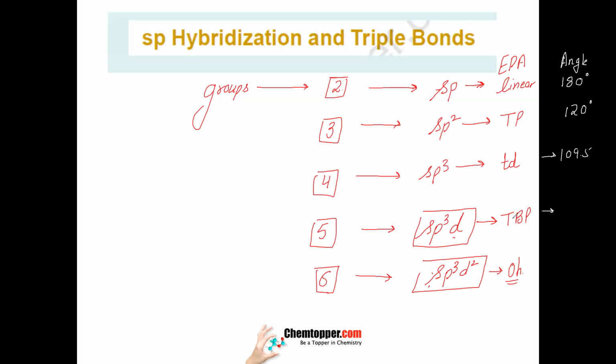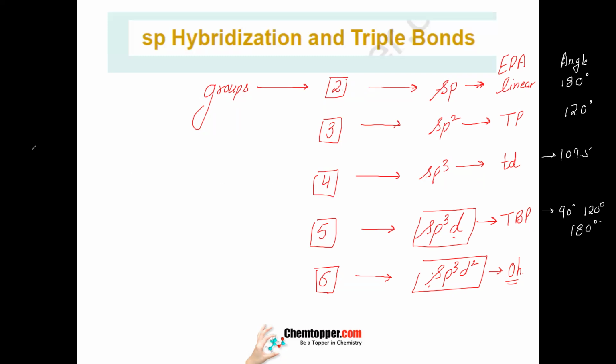And if you remember, 3 angles were there in trigonal bipyramidal. Anish, I was asking the magnitude of the angle. It is 90 degree, 120 degree, 180 degree.